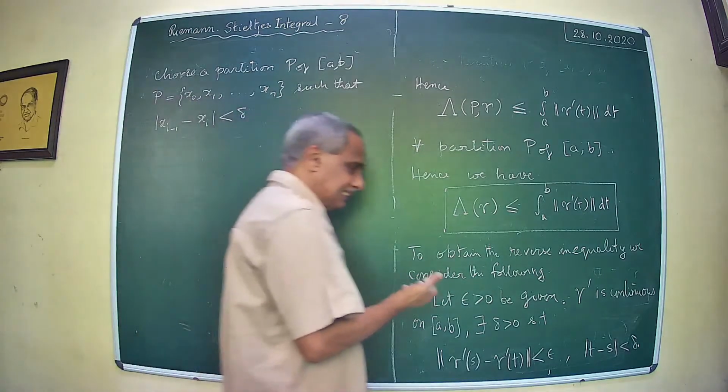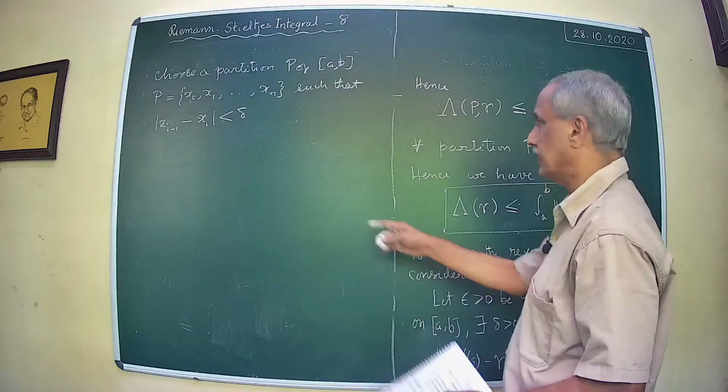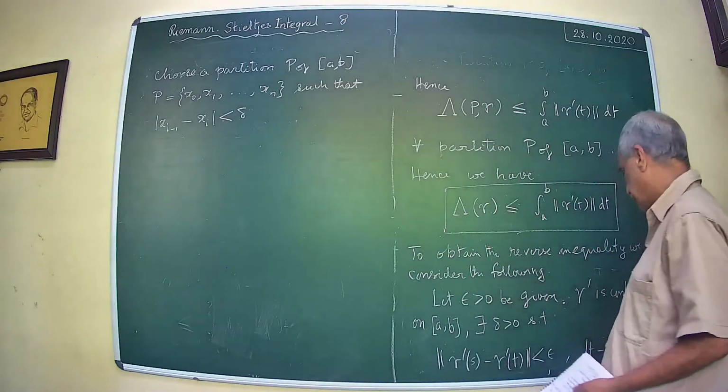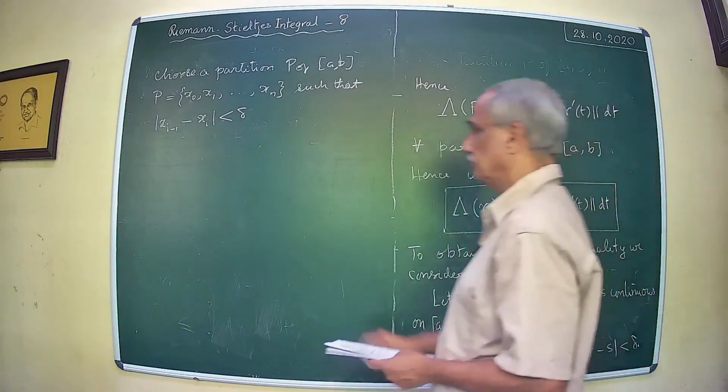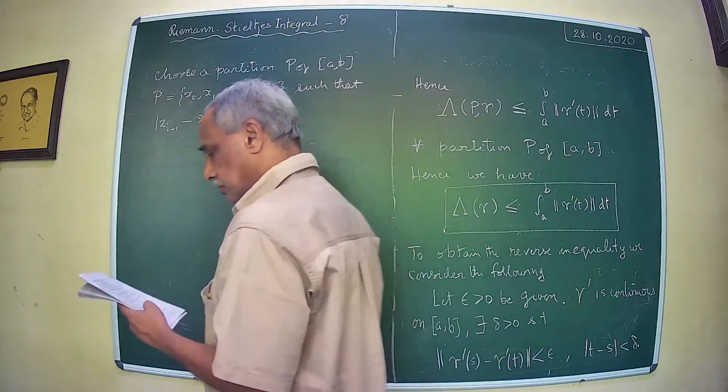That means the mesh length that you choose is less than the delta that is associated with this particular epsilon. So we make use of that now.